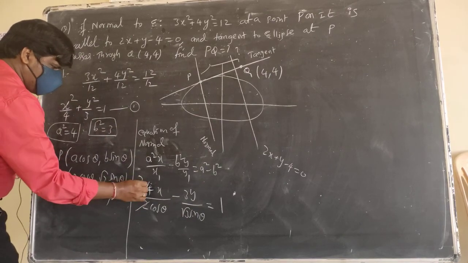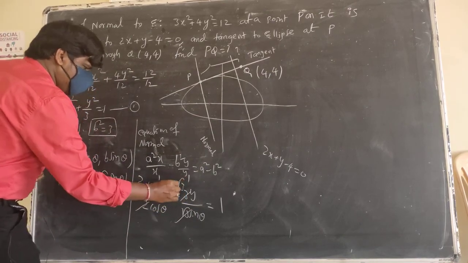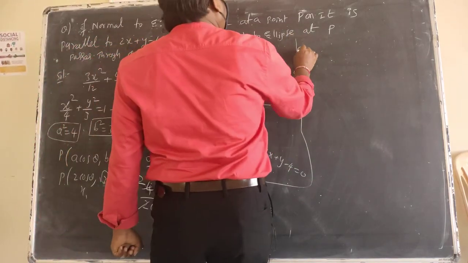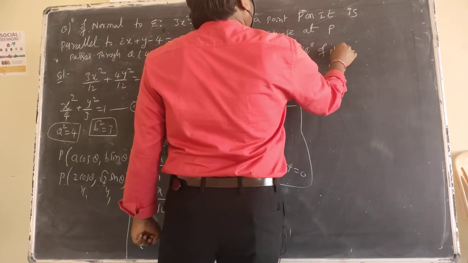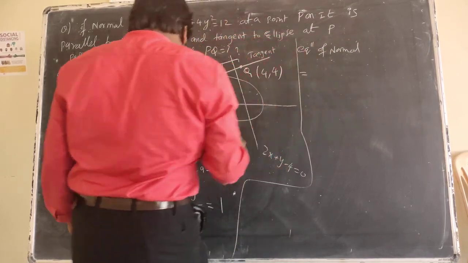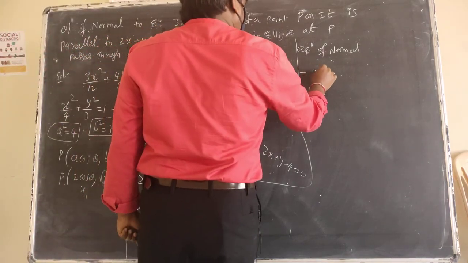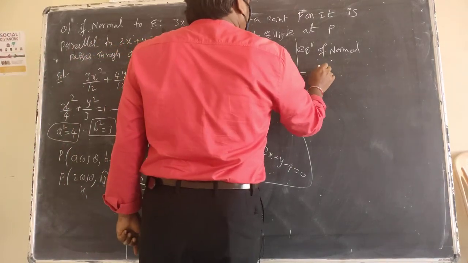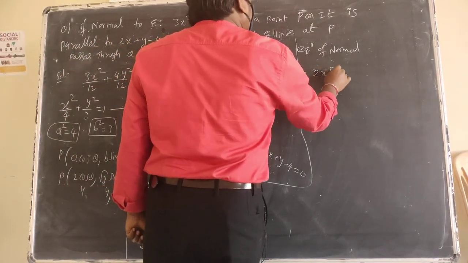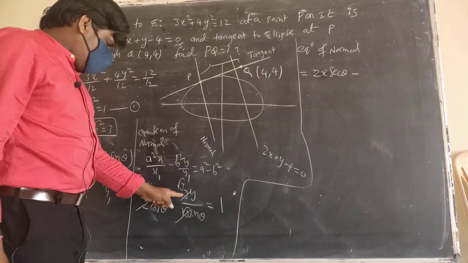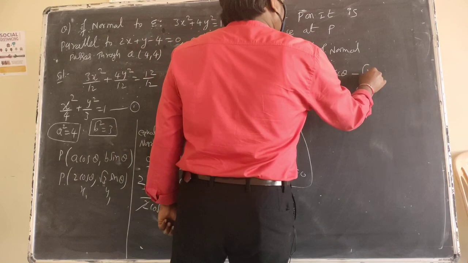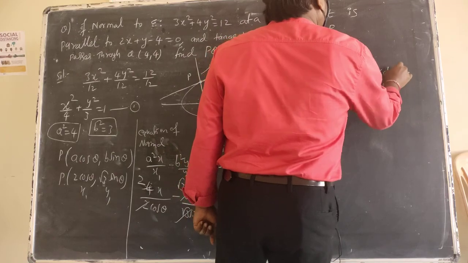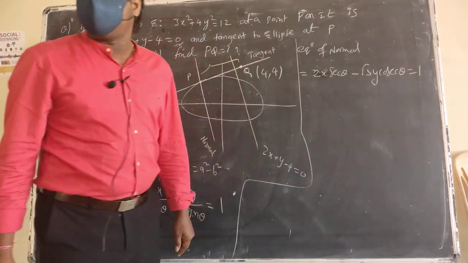So the 2s cancel, and root 3 cancels. The equation of the normal I am going to get here is 2x sec theta minus root 3 y cosec theta is equal to 1. What is the problem?